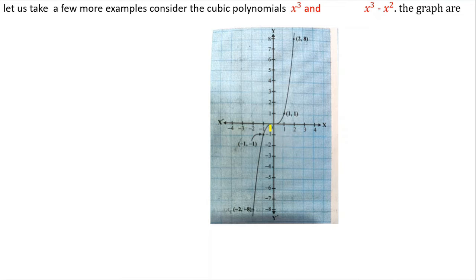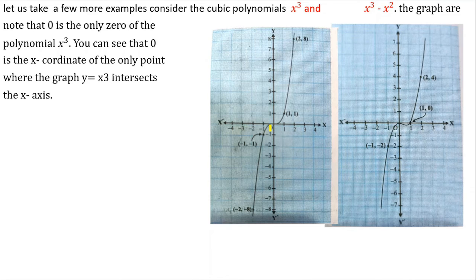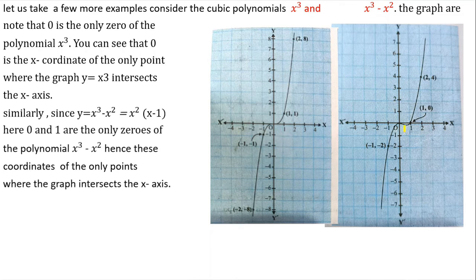So the number of zeros for x cube is 1. Coming to the second example, x cube minus x square, the graph is like this. Here it intersects the x-axis at 2 points, that is at 1 and at 0. Hence it has 2 zeros.